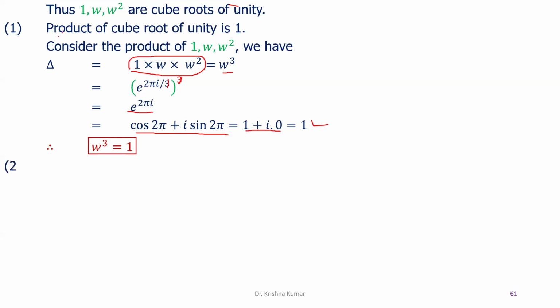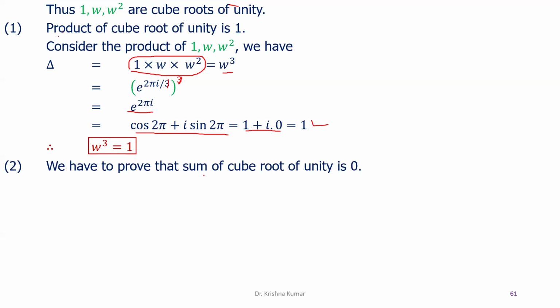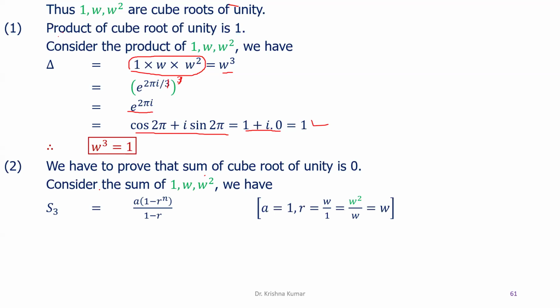So this proves that the product of the cube roots of unity is 1. Now, in the second case, we have to prove that the sum of the cube roots of unity is 0. So let us consider the sum of 1, omega and omega square. It is a geometric series.